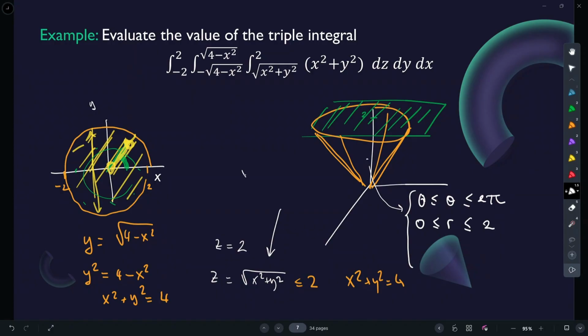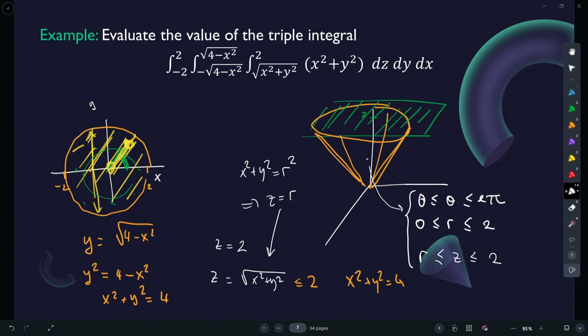But I know that x squared plus y squared is r squared, so that tells me that z equals r. Okay? So it goes from r all the way to 2. So those are the bounds that describe the region in cylindrical coordinates. Any questions about how I'm finding those bounds?